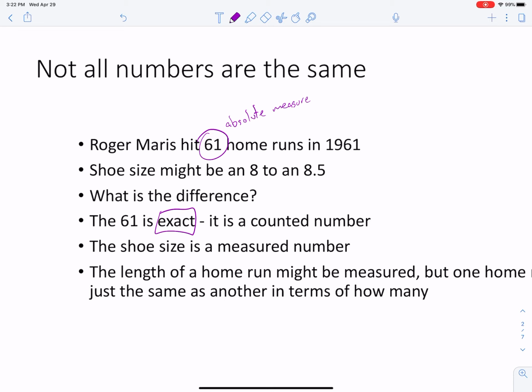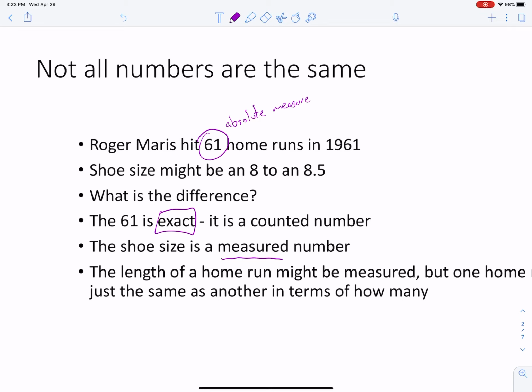A shoe size is a measured number, and measurements come in lots of different forms. Again, when we're looking at pant sizes, a 12 at Walmart is not the same as a 12 at the Gap. They are very different from one another.